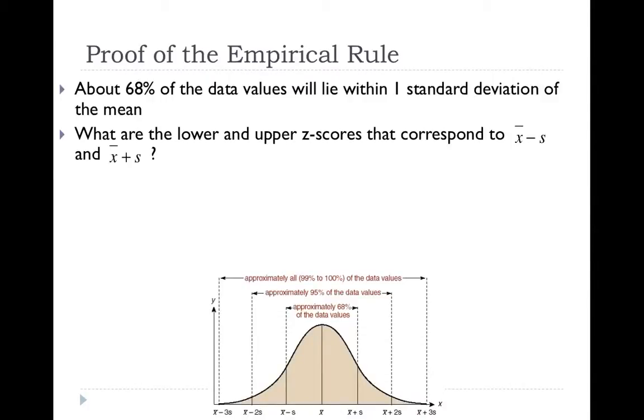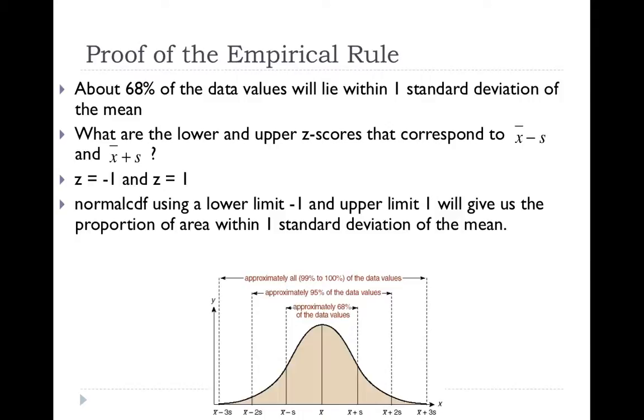So, what are the lower and upper z-scores that correspond to x bar minus s and x bar plus s? I had just stated this earlier. If z equals 0 in the center, x bar minus s is -1 and x bar plus s is 1. So the lower z-score is -1 and the upper z-score is 1.